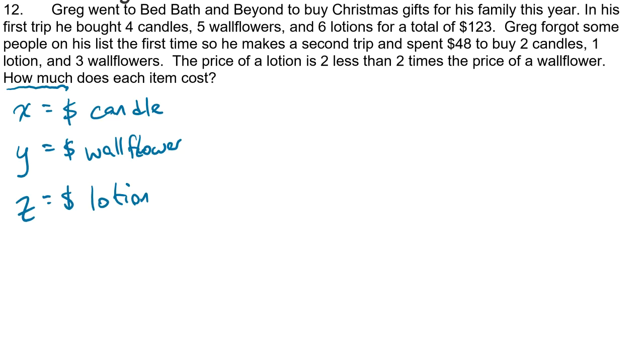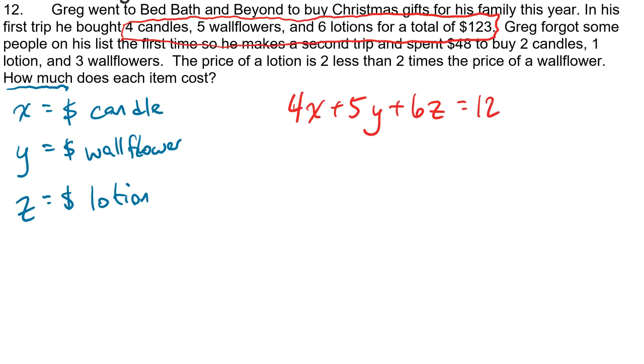All right, so let's look at his first trip. So in his first trip, this is what he got. So it's 4 candles, 4x, 5 wallflowers, so plus 5y, 6 lotions, so 6z, and gave us a total of $123.